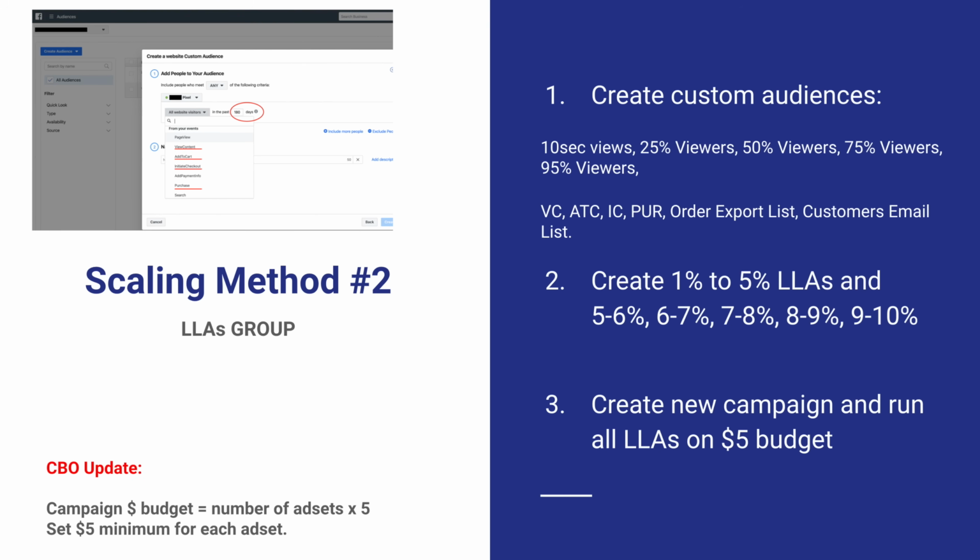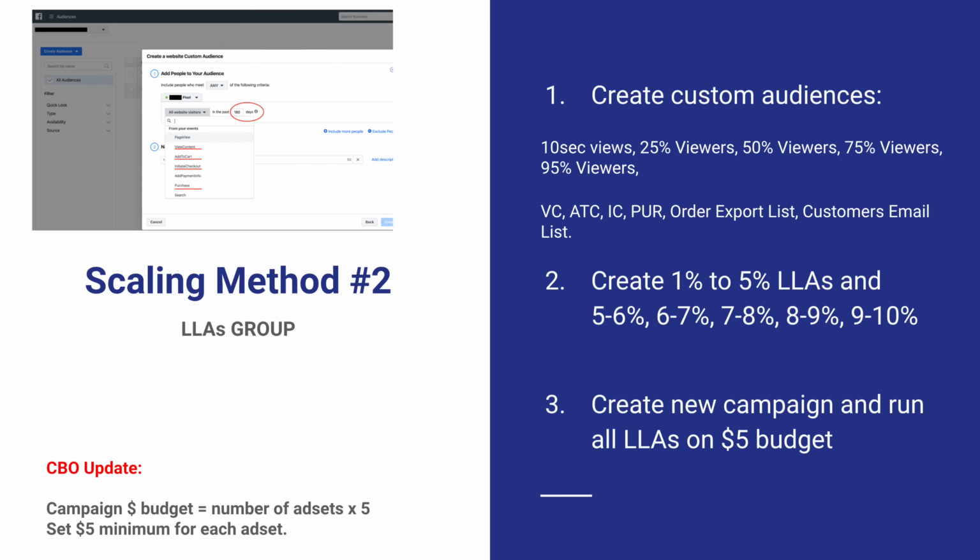But with the new CBO Facebook update, you can't put a budget on each ad set. That's why we are going to put a budget for the whole campaign, and we'll set minimum budgets for each ad set.